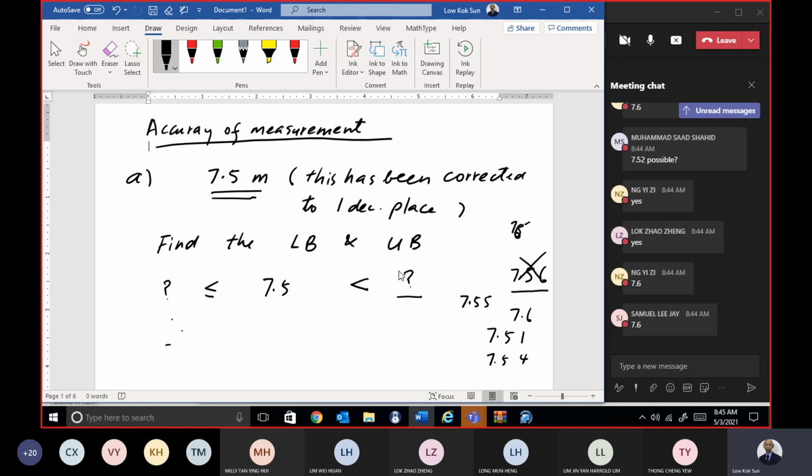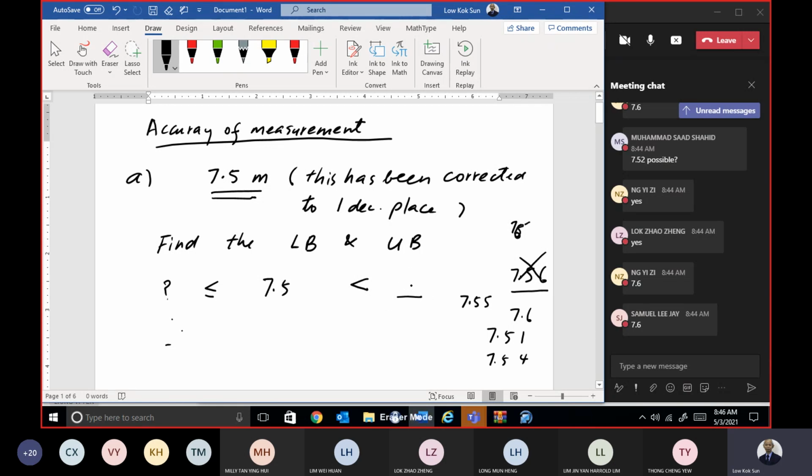But we must understand this concern. So I want to put down here that we allow until 7.5 for 1 meter, as long as it doesn't touch 7.55. It confuses people, so I want to draw the line here.